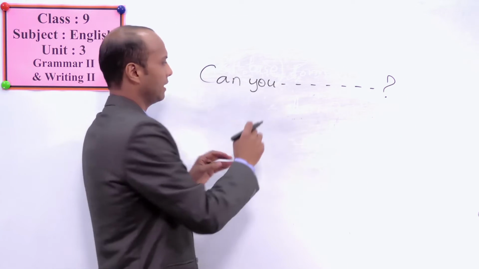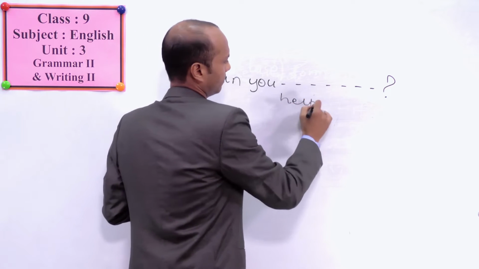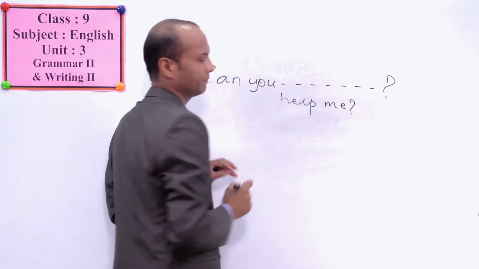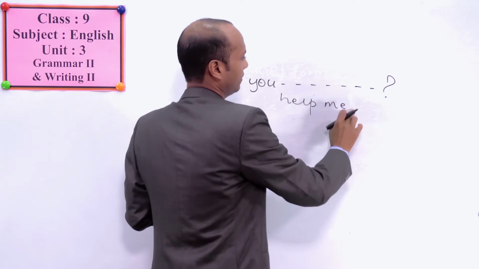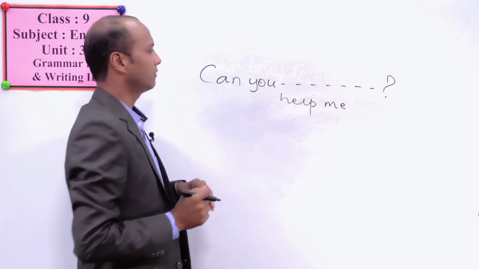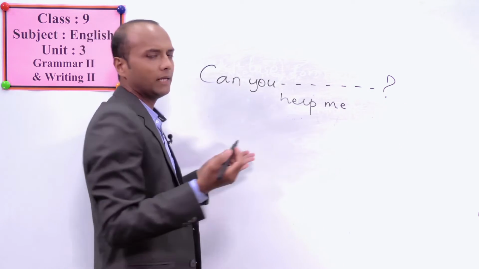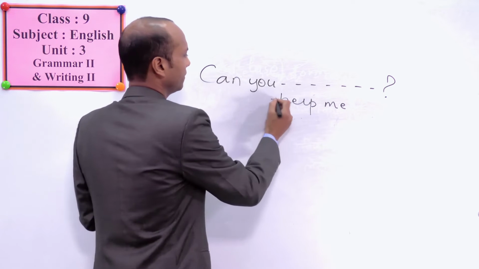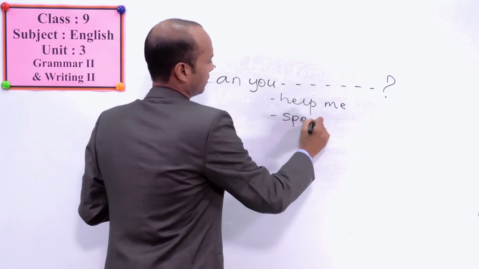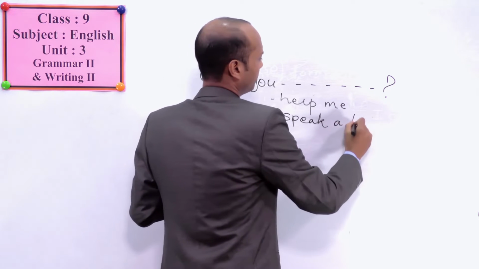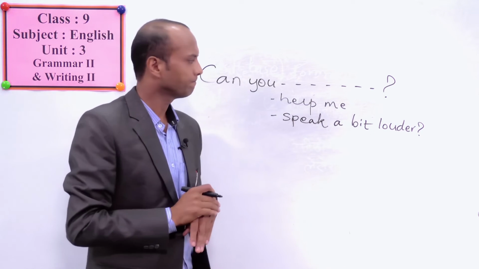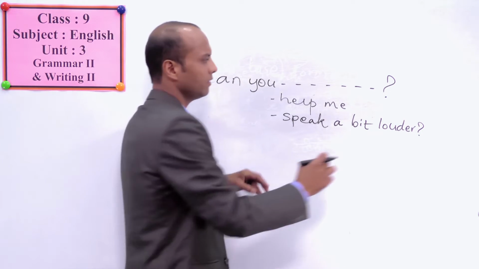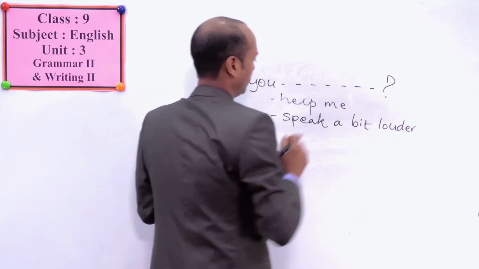Got it? And you have to think of various alternatives. Okay? For example, can you help me? Okay, so question mark is already there. You don't write here. Okay, so what could be next? Very good. Can you speak a bit louder? Got it? What else? Okay, again you don't need question mark because it's there.